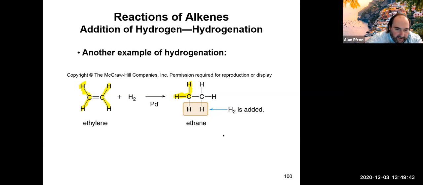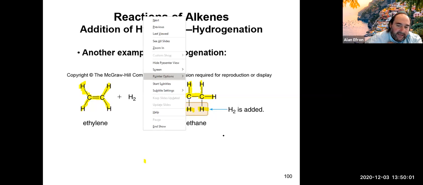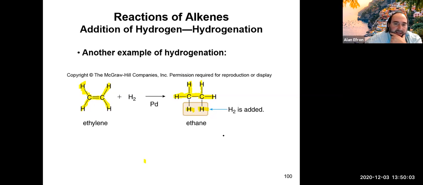This over here and over here is this guy over here and over here. And again, double bond became a single bond. So everything remains the same. You just basically turn it into a single bond. And then one hydrogen comes in here and one hydrogen comes in here. And that again is our addition reaction that occurs.